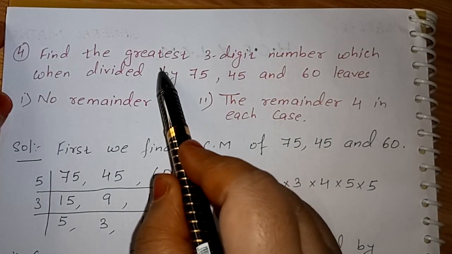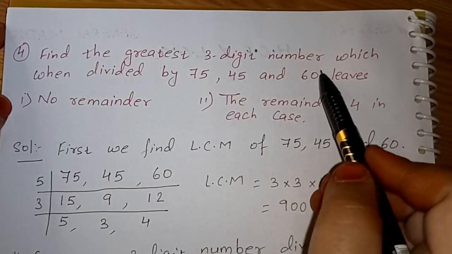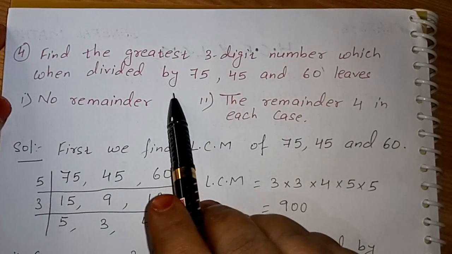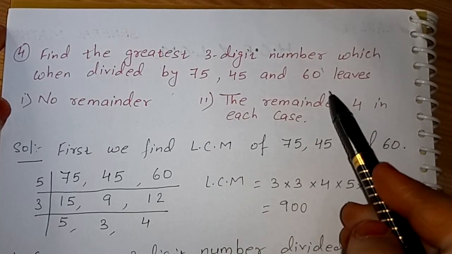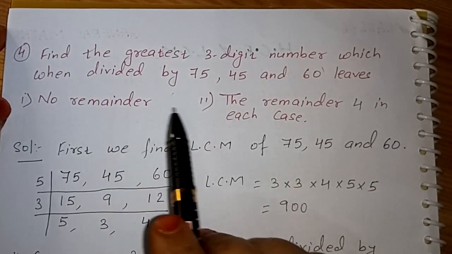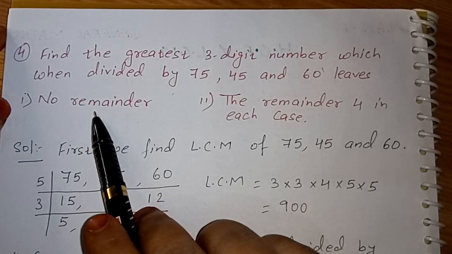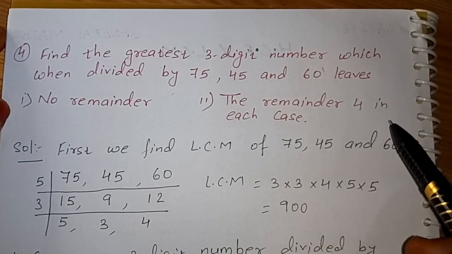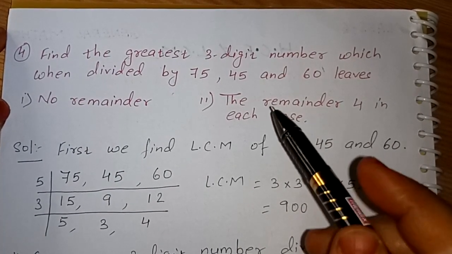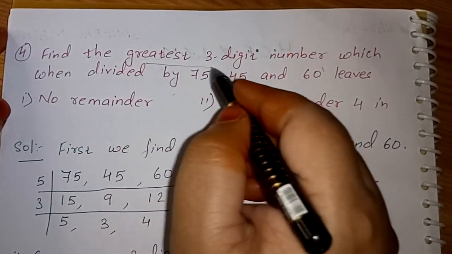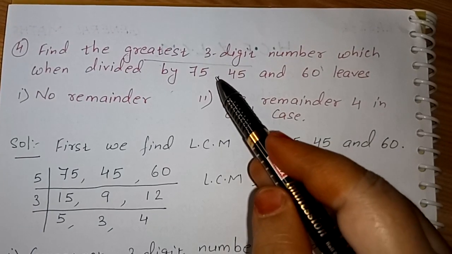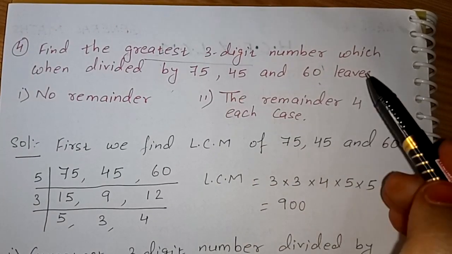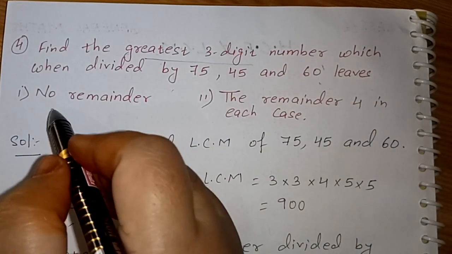Find the greatest 3-digit number which when divided by 75, 45 and 60 leaves two cases: first, no remainder; second, remainder 4 in each case.